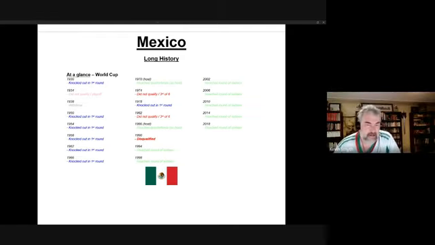Okay, well, let's take a look at their tournament participation and an overview of their major achievements. Mexico is a senior team in the world, having participated in every World Cup since 1930, except for 1938, when they withdrew, and 1990, when they were disqualified.